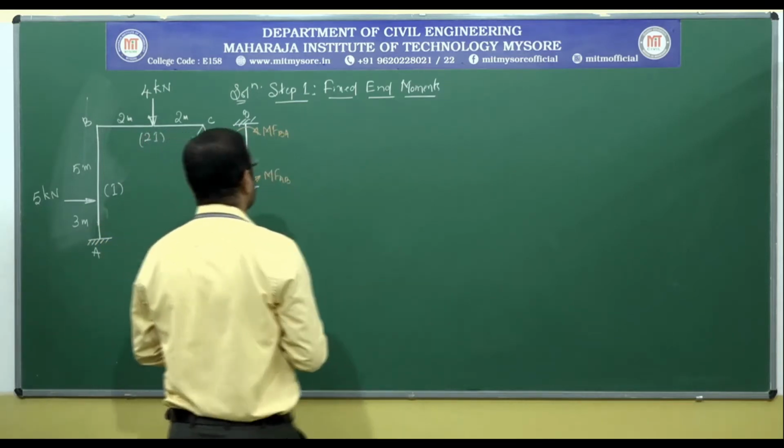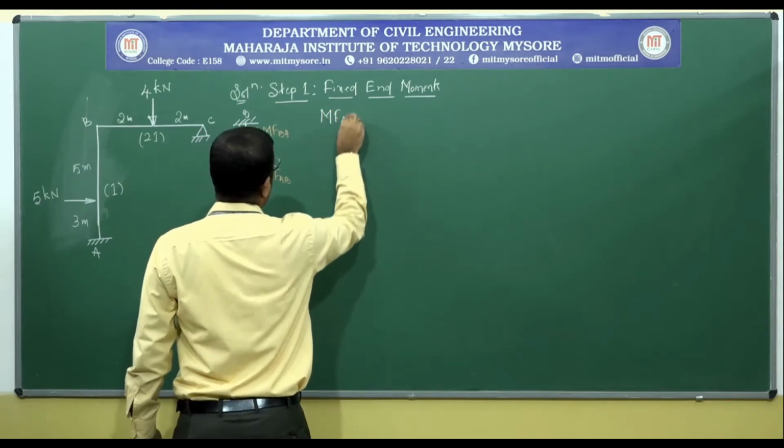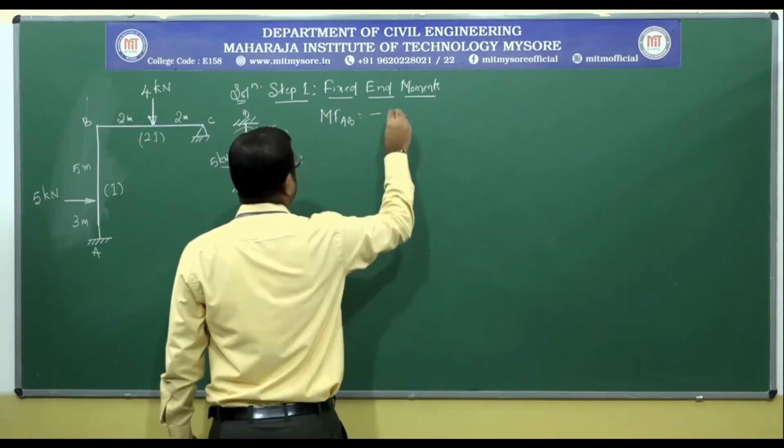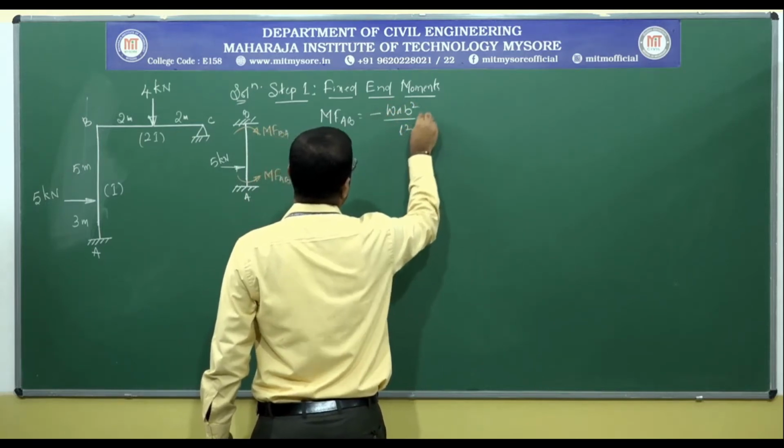We know the formula to work out these. MF AB equals minus W a b square by L square.